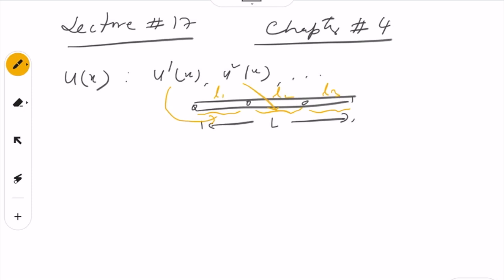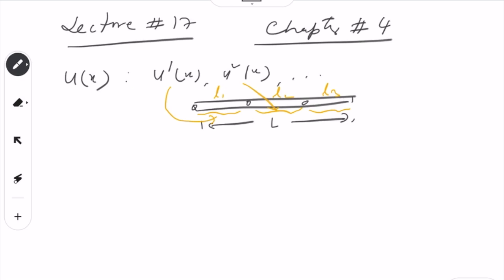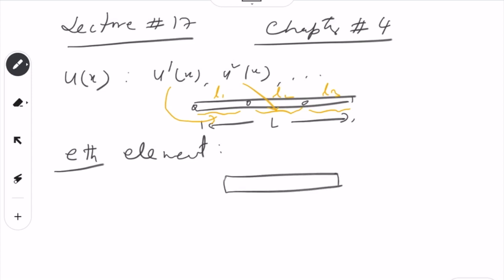Instead of looking at the global point of view, looking at u as we did last time, we can also see it from the perspective of the element itself. Let's say we are looking at the eth element. Here we have u_e1 and u_e2, the two displacements, and the axis system xe.